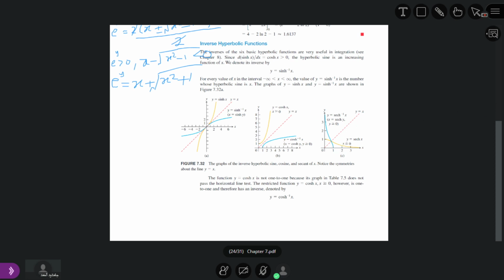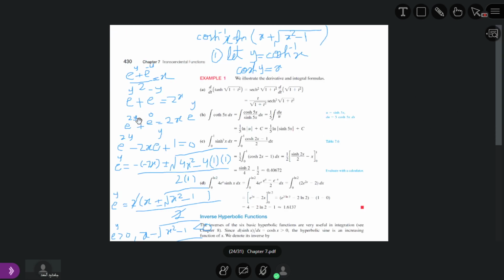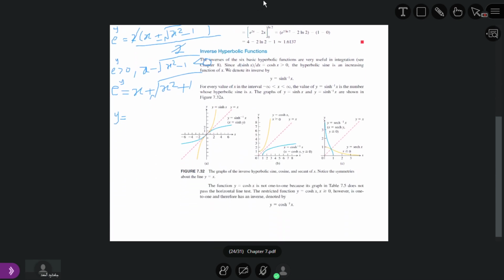So we get y on this side, and ln of x plus square root of x square minus 1 on the other.